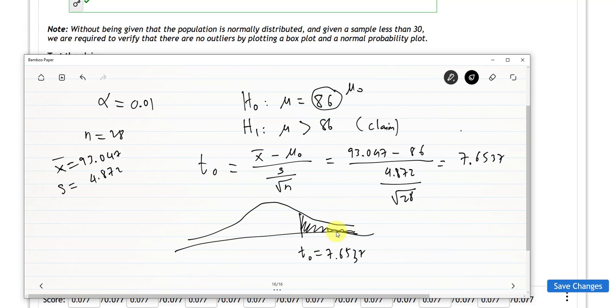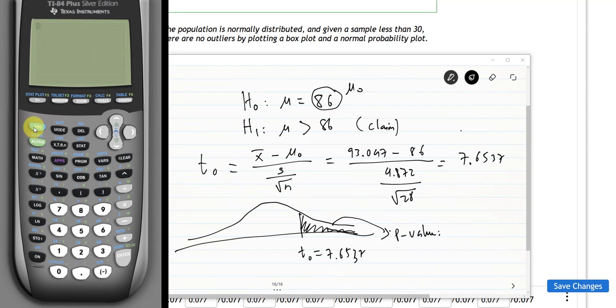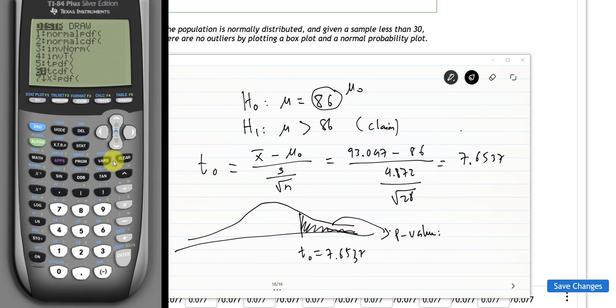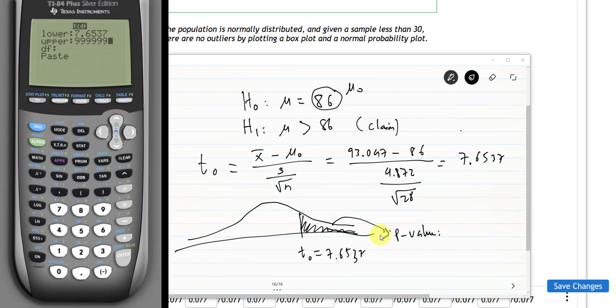We are looking for this area, which is the p-value. This is the student T, so I must use second distribution, tcdf. The lower bound is this number, and you want the right tail, so all the way to the right, a huge positive number.